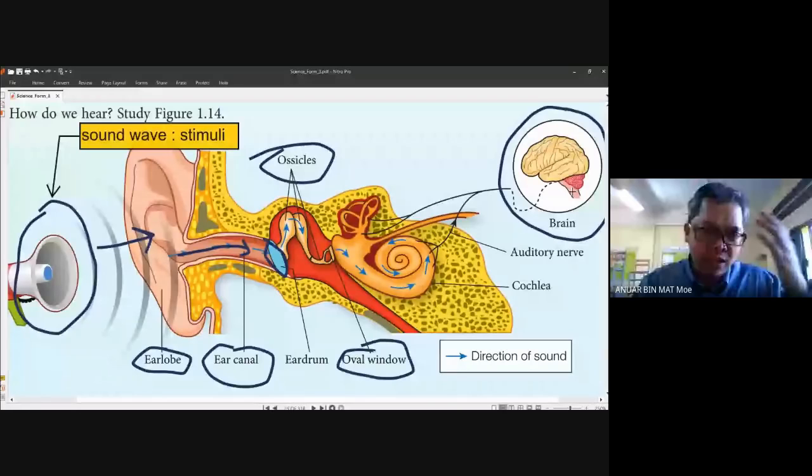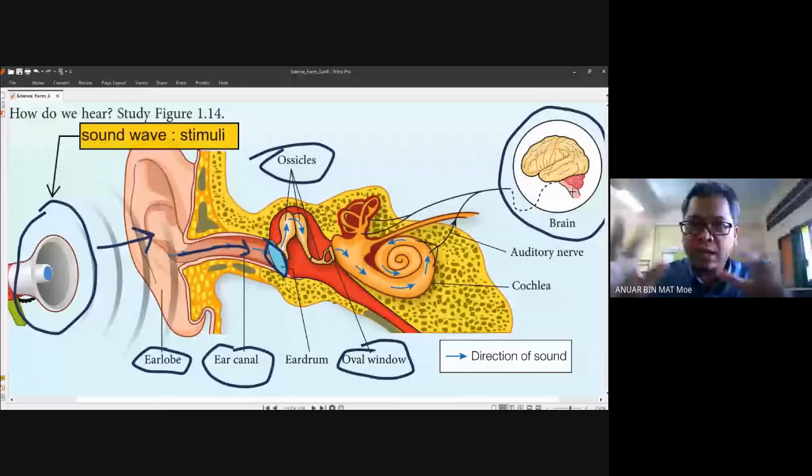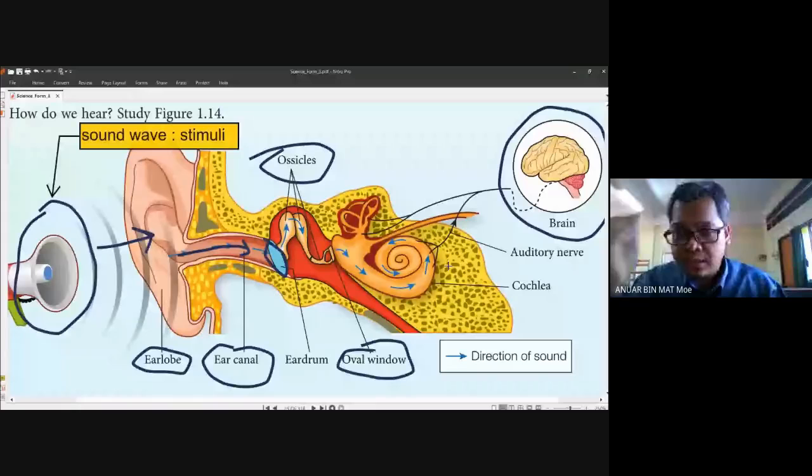That's why the brain is very important to translate all the stimuli, or all the responses, around us. The brain is very, very important, right?